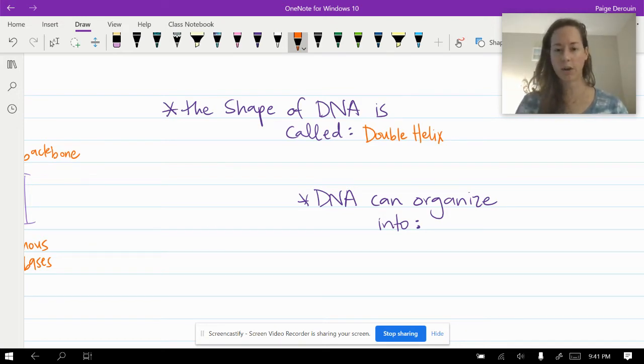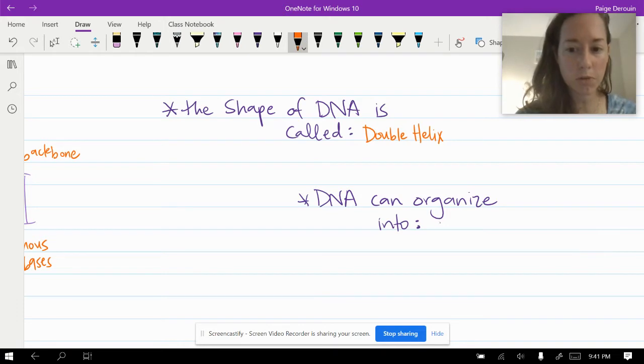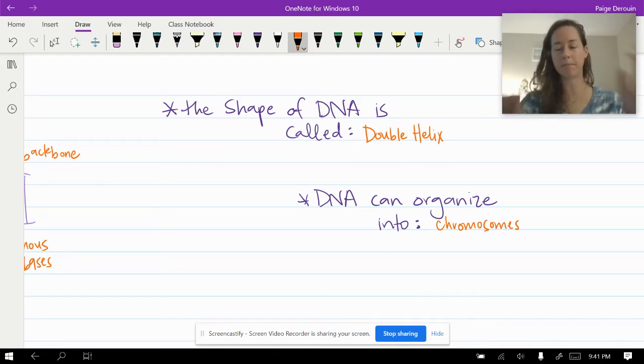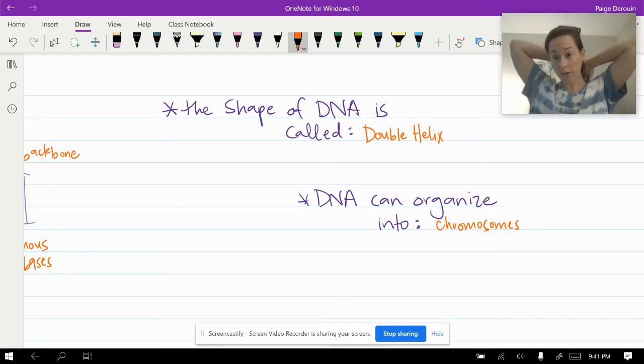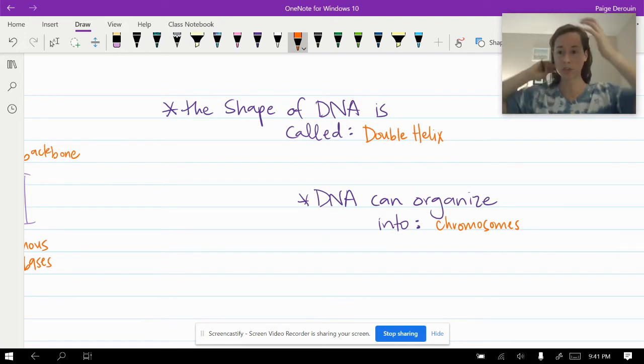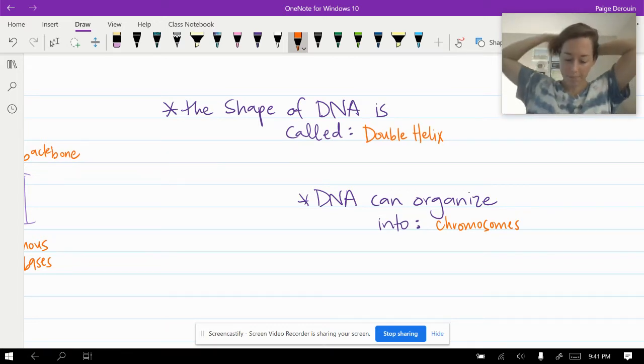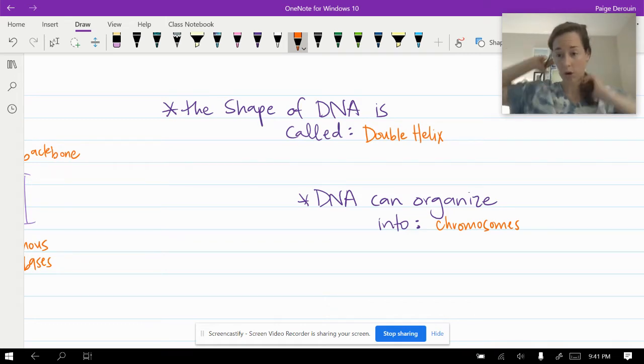And then DNA can organize into chromosomes, which we'll talk about more in the spring, but you might have heard the word chromosome before, and chromosomes are just made up of DNA. It's a way that your body can organize your DNA, because otherwise it would be so much and really hard to move into new cells, which your body has to do when it has to grow or heal a cut or anything like that.